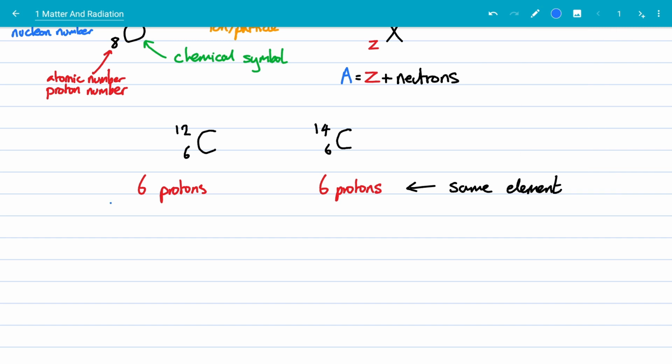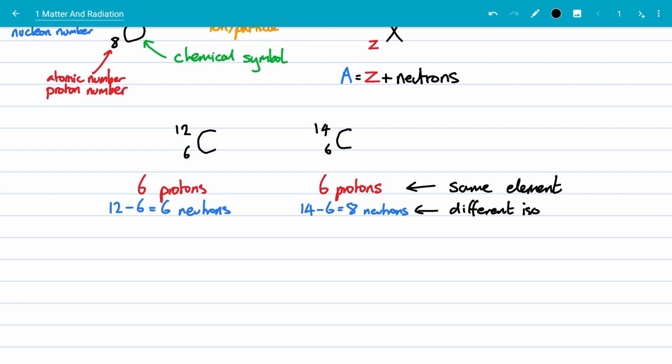So they have 12 subtract 6 neutrons, or 14 subtract 6, 8 neutrons. So they are what we call different isotopes. It means that they have different numbers of neutrons in their nuclei.